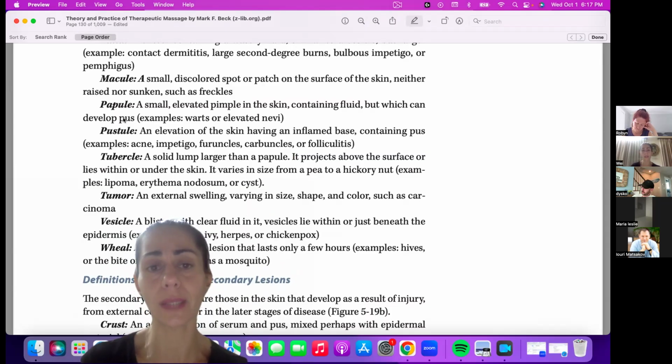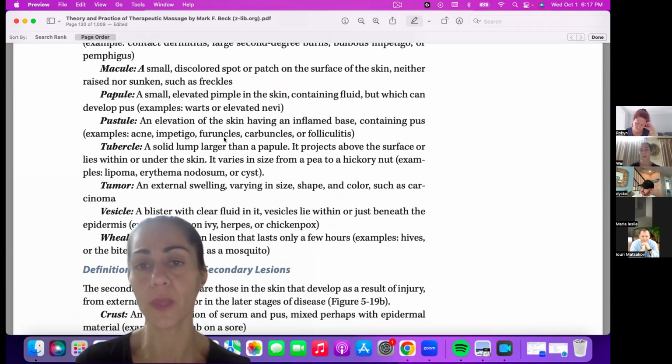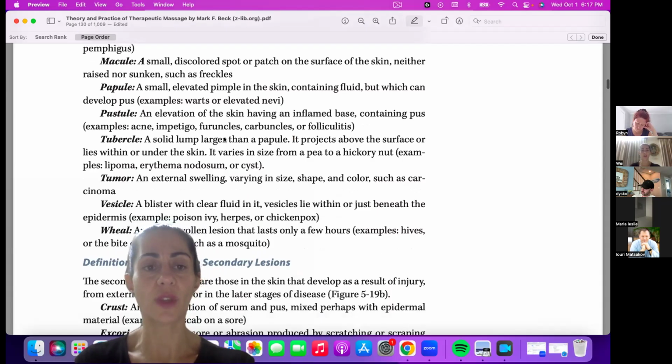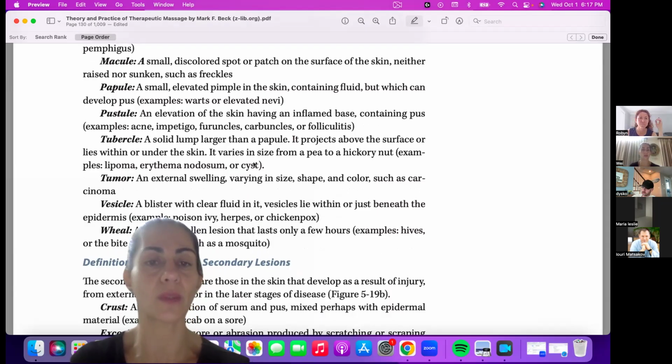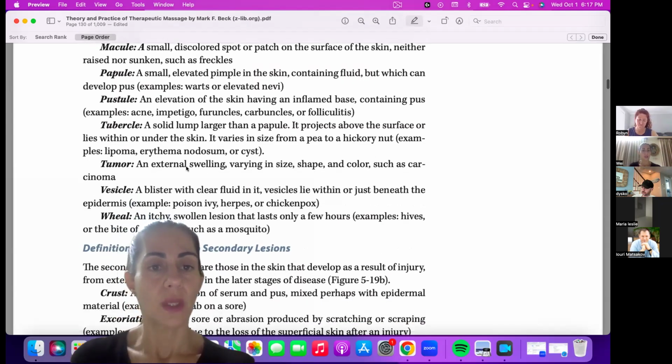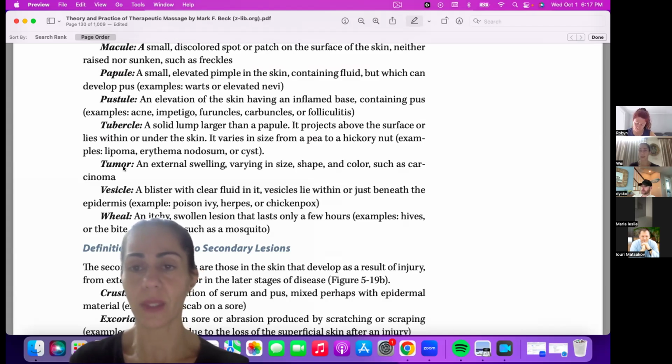Tubercle, it's a solid lump larger than a papule. It projects above the surface of the skin. It varies in size, and examples of that are lipoma, cysts is probably what you're most familiar with. Tumor, external swelling varies in size, shape, and some of it can be, of course, cancerous or malignant, and some of it are not.